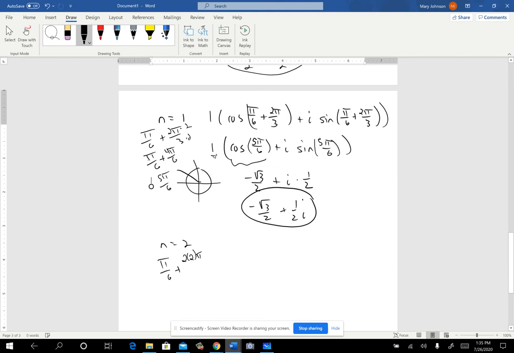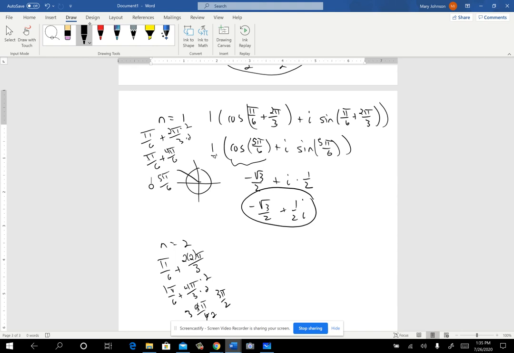So we're going to be adding 4 pi over 3. We still need to multiply by 2. That'd be 1 pi over 6 plus 8 pi over 6 is 9 pi over 6. And that does simplify. We can divide by 3, and that winds up being 3 pi over 2.